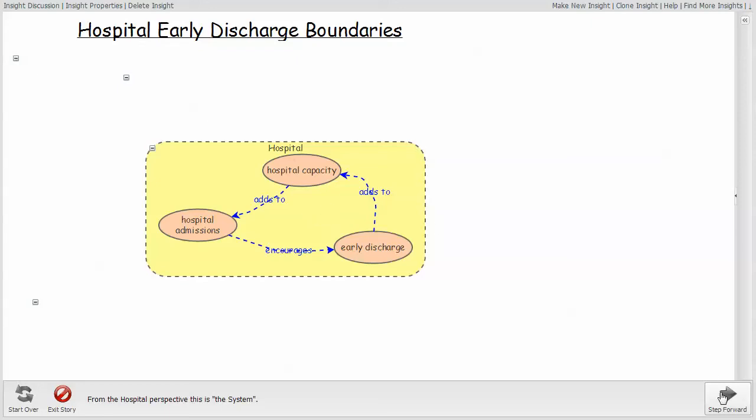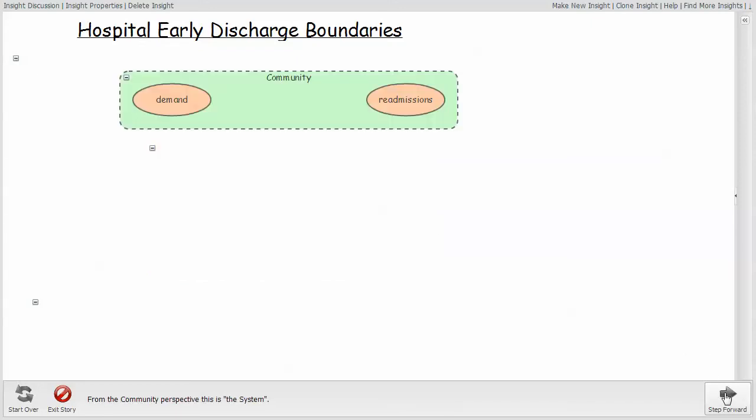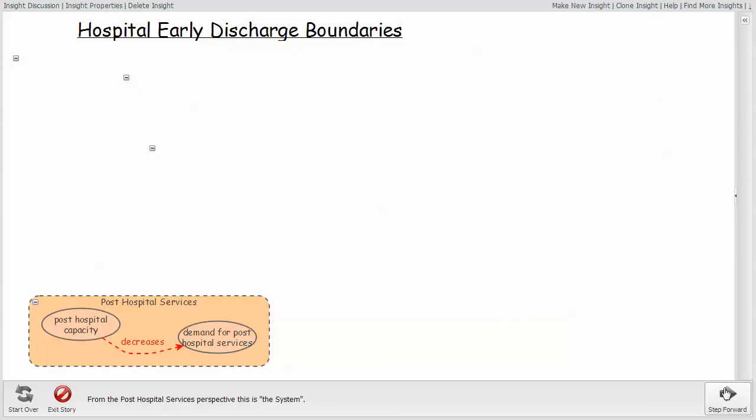And while that's valid from their perspective, those members of the community think about the demand on hospital services and readmission to the hospital to be the elements that are relevant, and as such, they consider this to be the system. Those individuals associated with post-hospital services probably consider post-hospital capacity and the demand for post-hospital services to be the relevant elements, and they consider this the system.